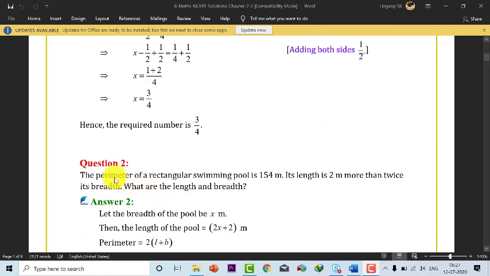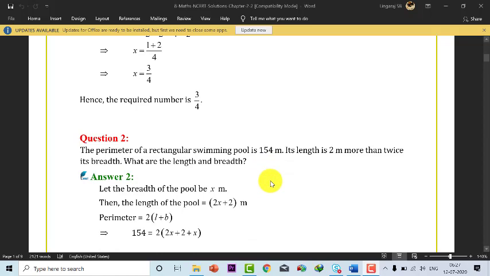Next we move to question number 2: the perimeter of a rectangular swimming pool is 154 meter. Its length is 2 meter more than twice its breadth. What are the length and breadth?